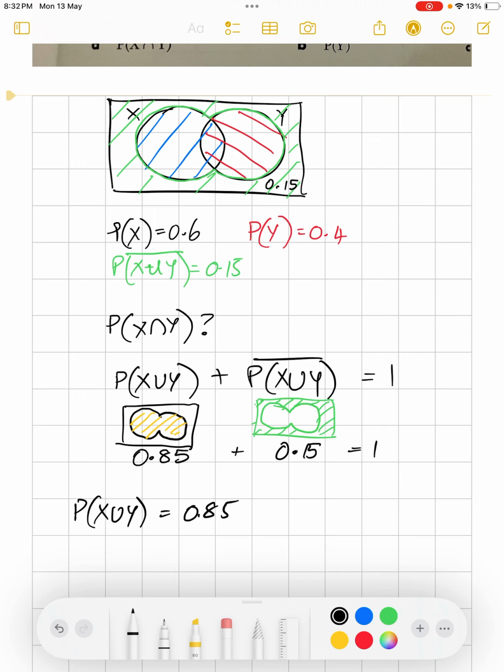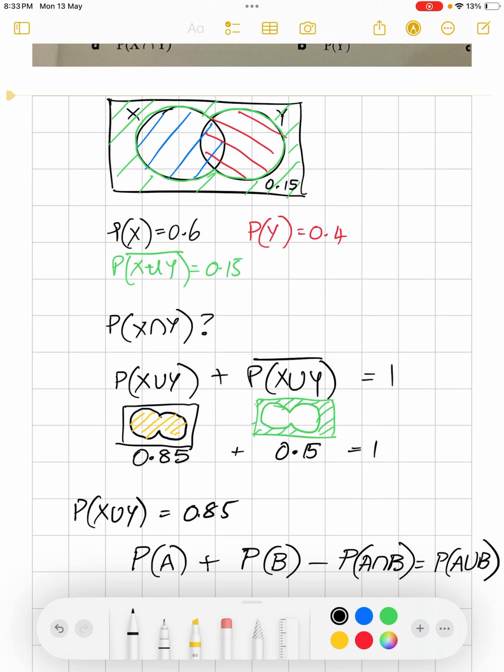And we also know that the union is the probability of A, that's the blue part, plus the probability of B, that's the red part. And because we counted that overlapping area twice, we've got to take that away once. That's the intersection.